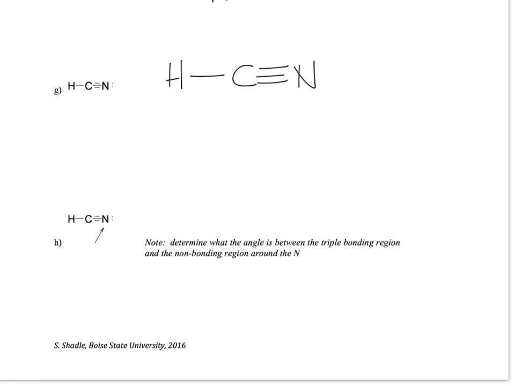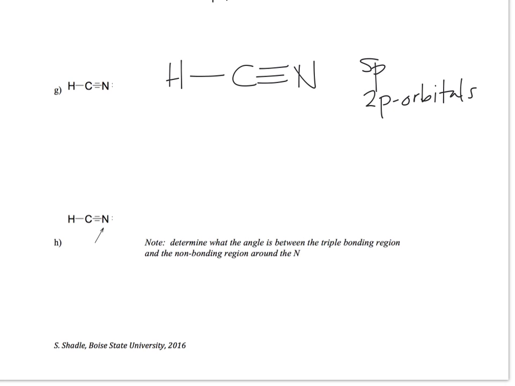If it's linear, that means it's going to have hybrid orbitals that are sp, and that means there's 2 of them, and then there are 2 p orbitals remaining. If you're not feeling confident about how to predict this, go back to the table on the first page of the activity 7A.